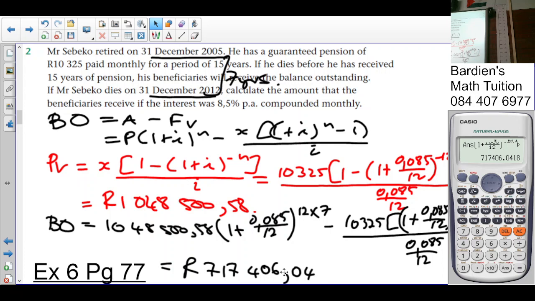But now remember, this is on the other side of the lump sum. Why? Because the bank now has the lump sum, and they are paying him back. In other words, can you see that? We don't have a formula where the person gives the lump sum.